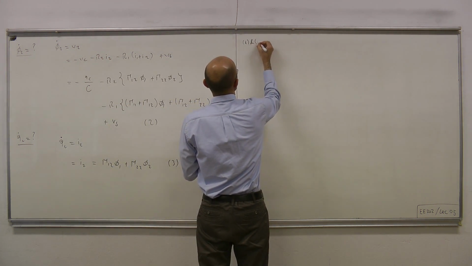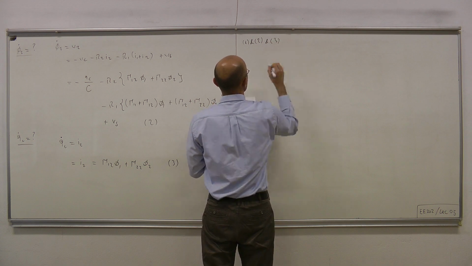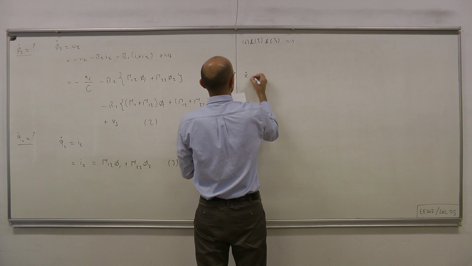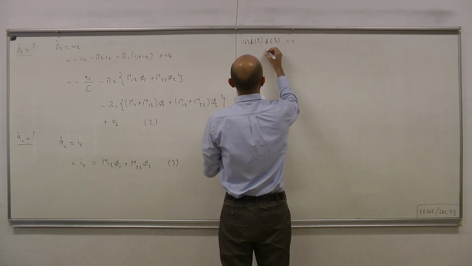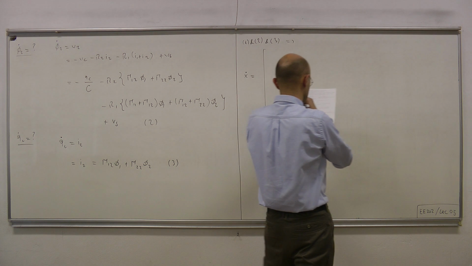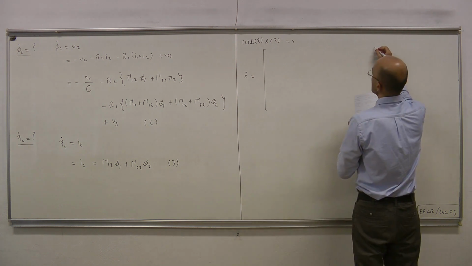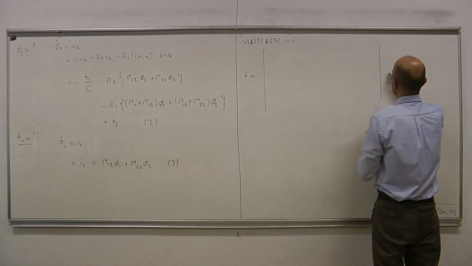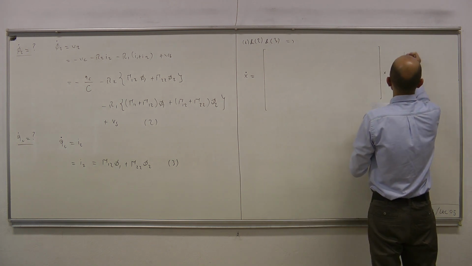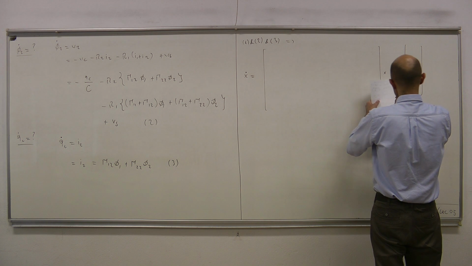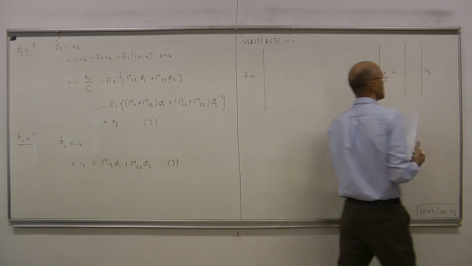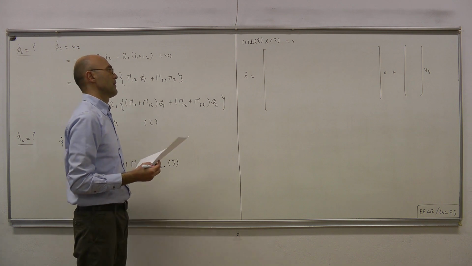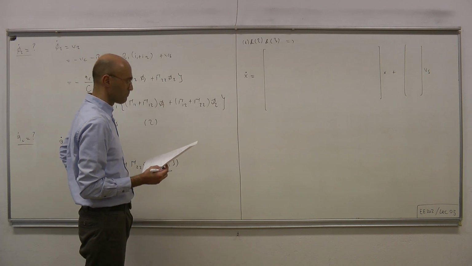So 1 and 2 and 3 imply x dot equals A matrix, which will be a little bit messy because we have lots of things to take care of, times x plus B matrix times our input, which is Vs. Okay, that makes our state equation.